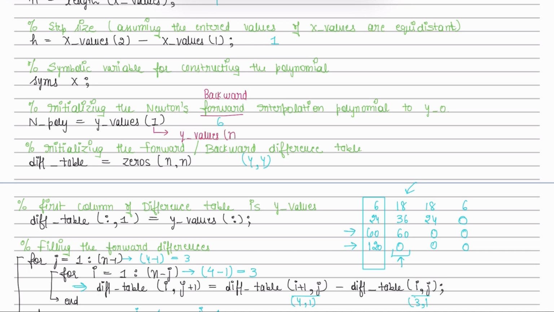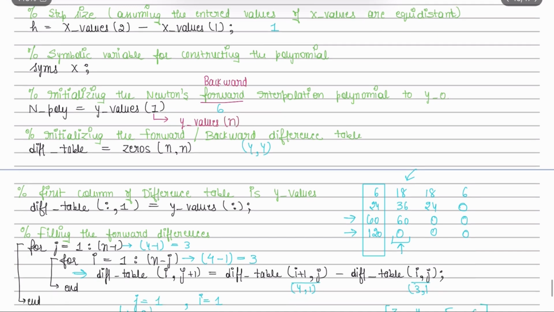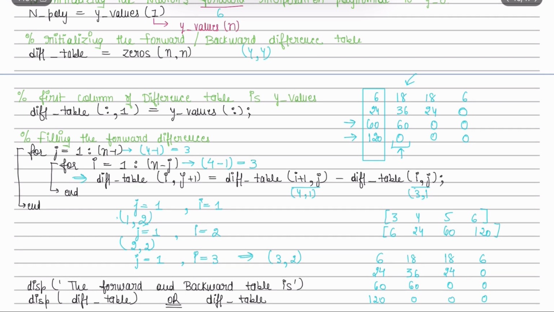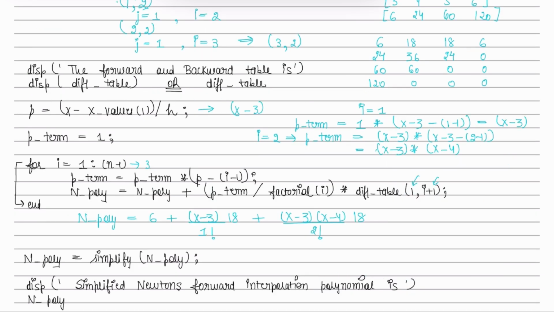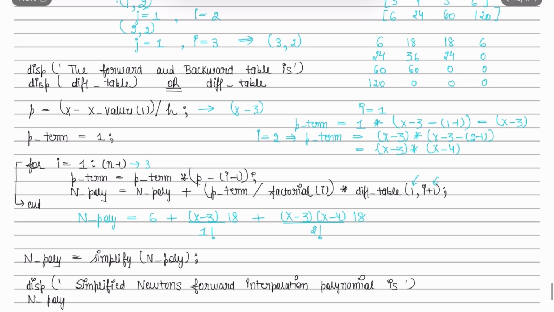Since the forward and backward difference tables we have already discussed are the same, these loops will be similar. But when we use the value of p, we will use x_values at nth index, not at the first index. So p is equal to x minus x_values at nth index divided by h.